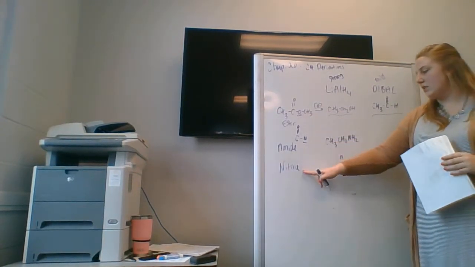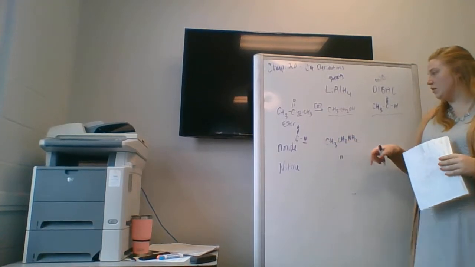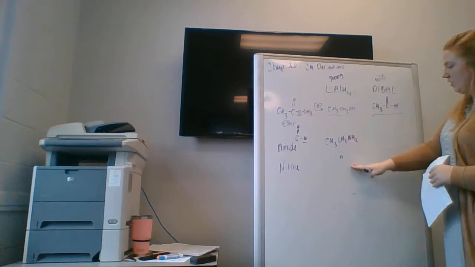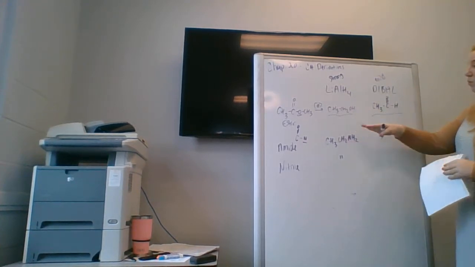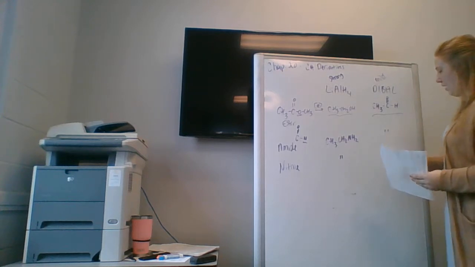Because we have a nitrogen present, that's what's going to be present in our final product. So amide or nitrile with a strong reducing agent, we're going to get an amine. With a mild reducing agent, we're still going to end up with an aldehyde.